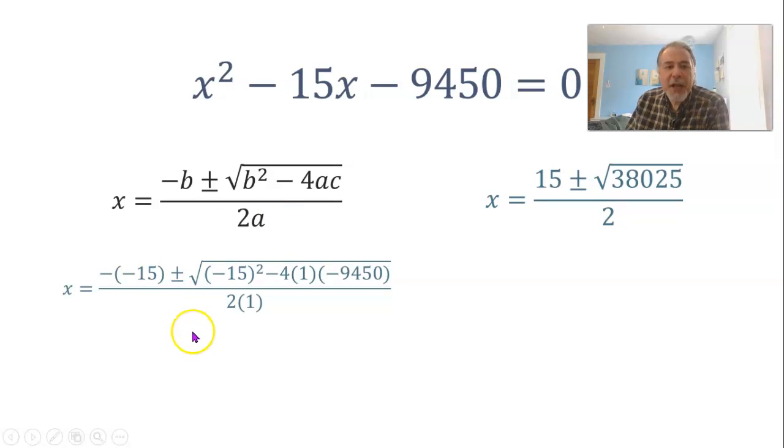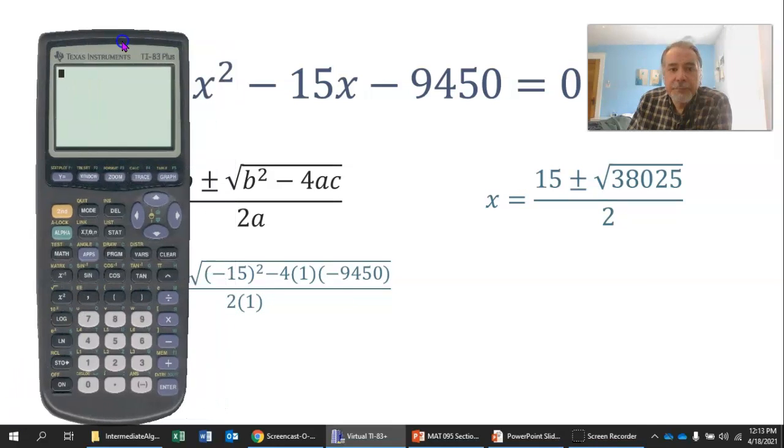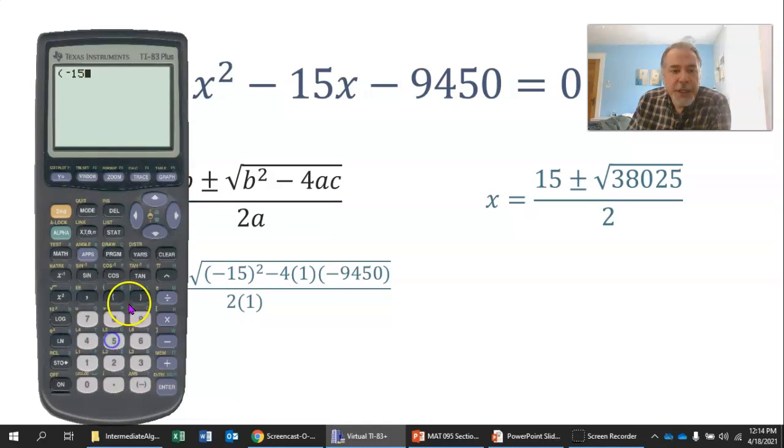So when I do the calculations, negative negative 15 is just 15. And 2 times 1, of course, would be 2. And the part underneath the square root sign, well, that was negative 15 in parentheses squared minus 4 times 1 times negative 9,450.